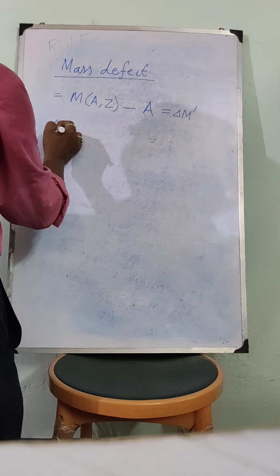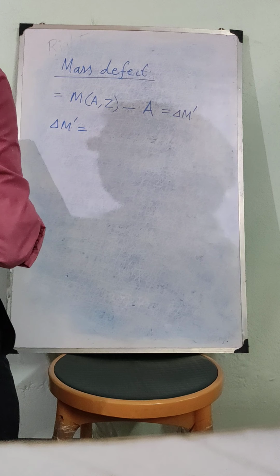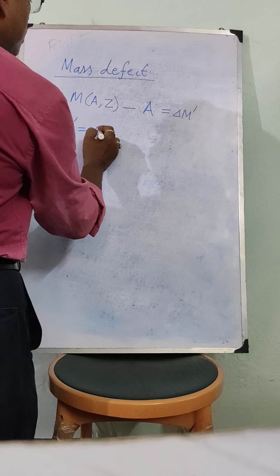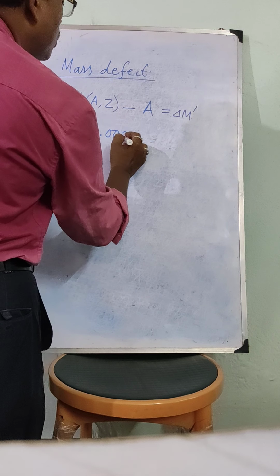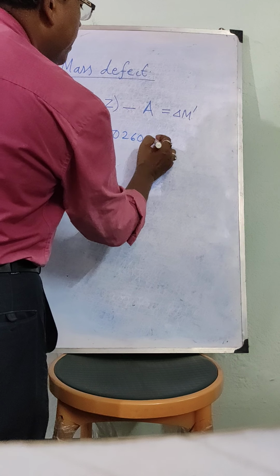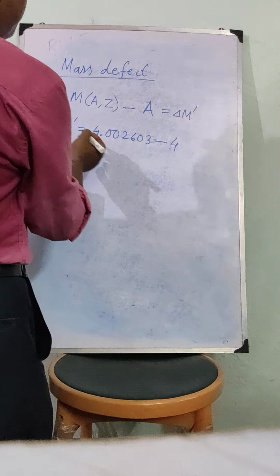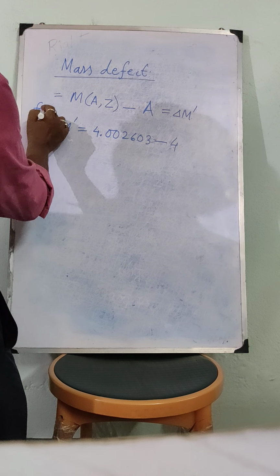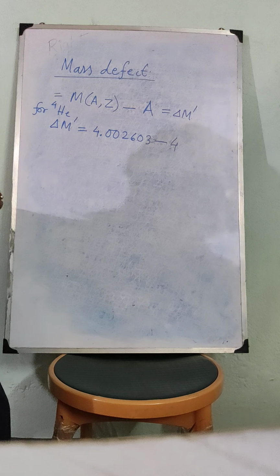Okay, now let us see some examples. Delta M dash, that is the mass defect of helium 4, is 4.002603 minus 4, where 4 is the mass number of helium.